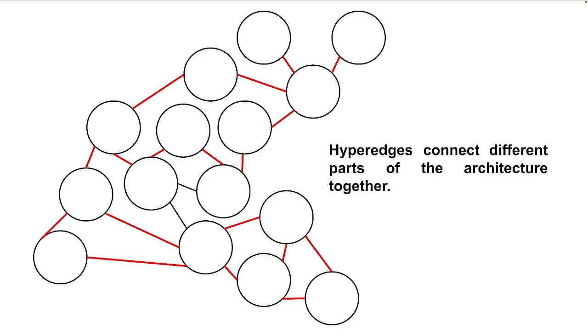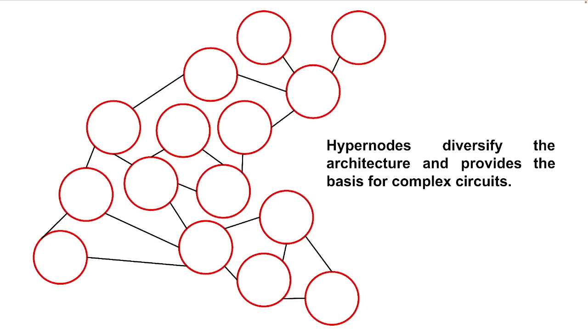And so this becomes an issue with some of these wildly different components. Our architecture includes components that have undergone evolution in different lineages, and we're bringing them together, and we have to be mindful of how they're coming together and if they're compatible. Hypernodes, of course, diversify the architecture and provide the basis for complex circuits.